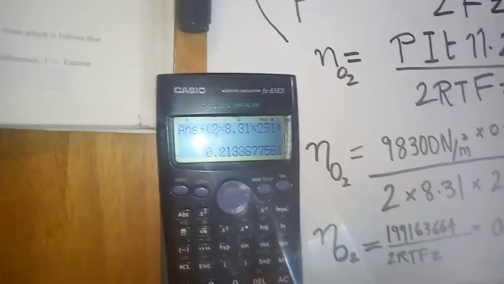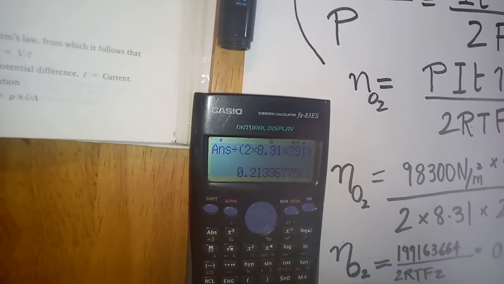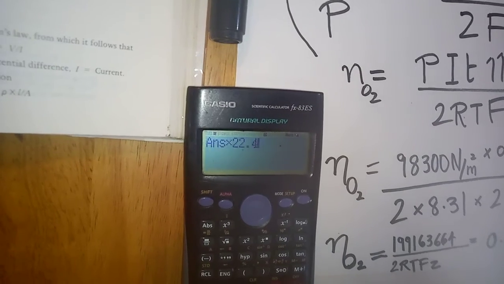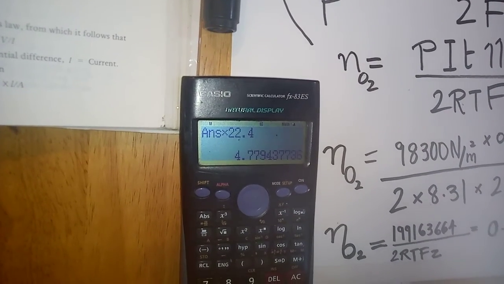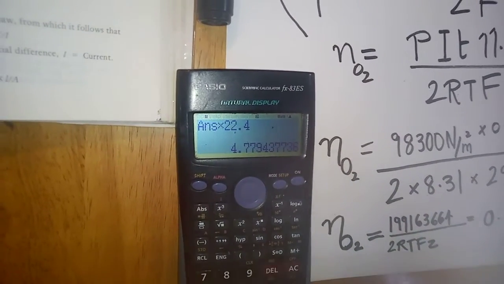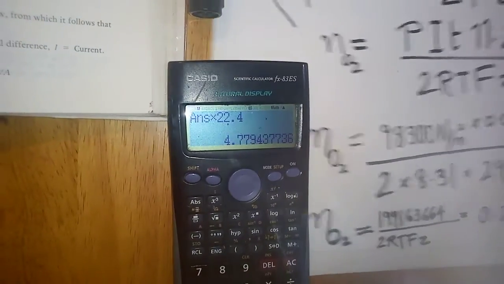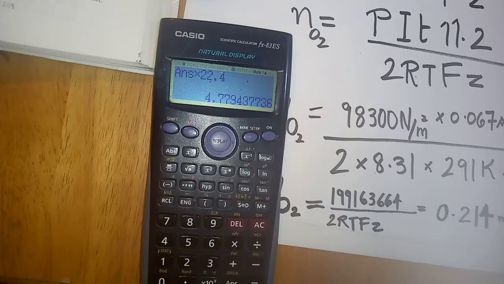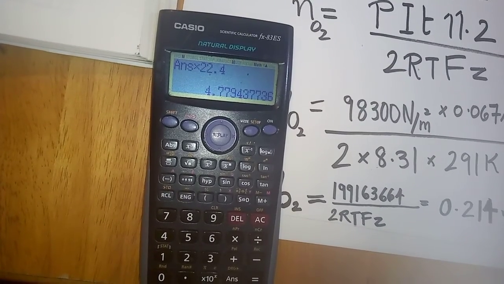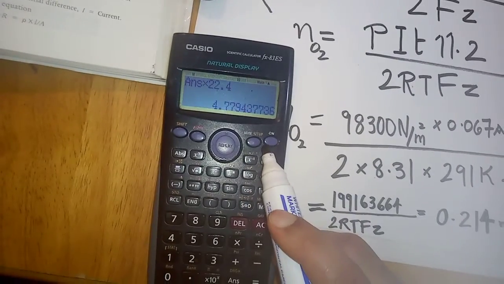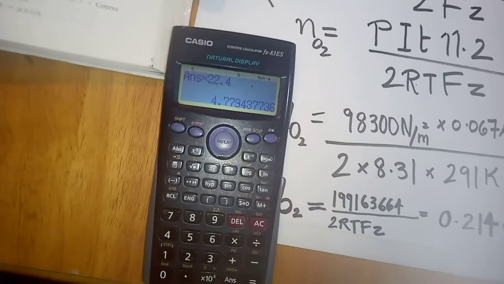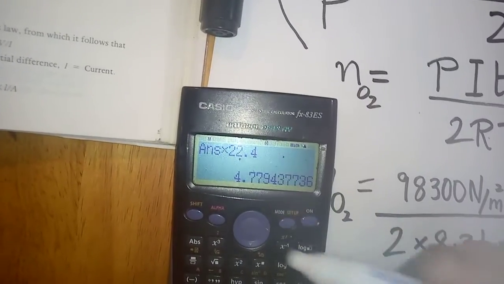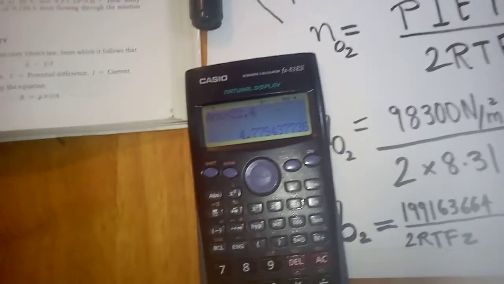That would be 4.8 dm cubed of oxygen. Around about 4.8 dm cubed. Yeah, for that mass I should be getting this much.